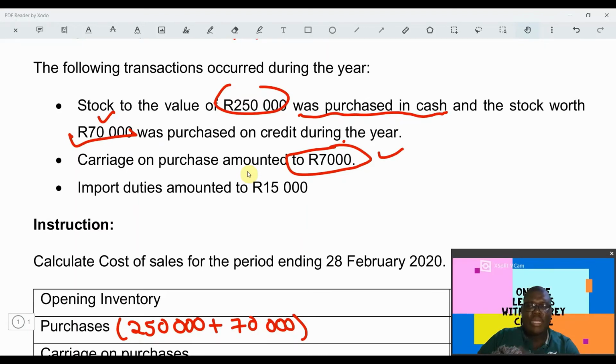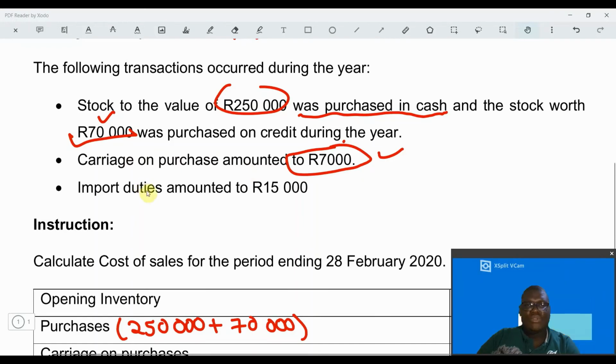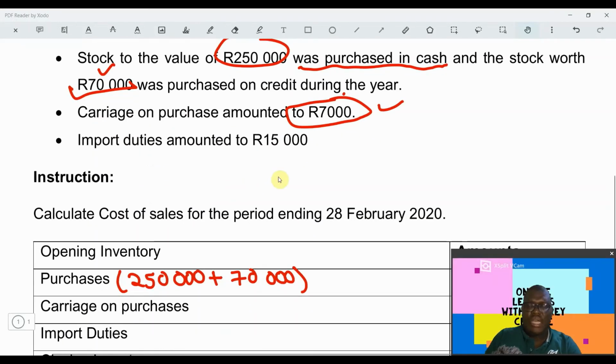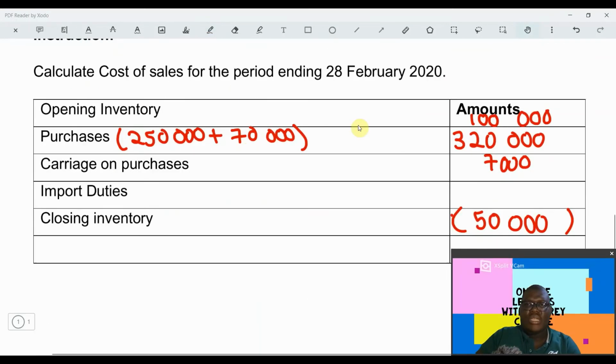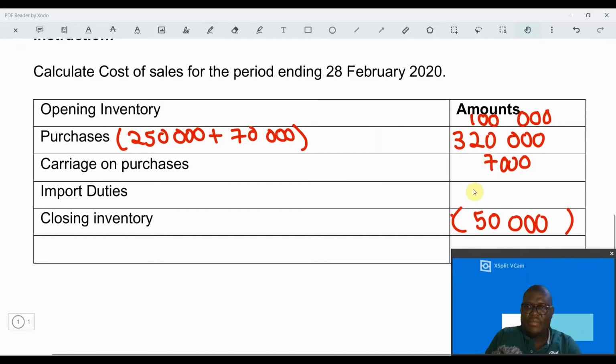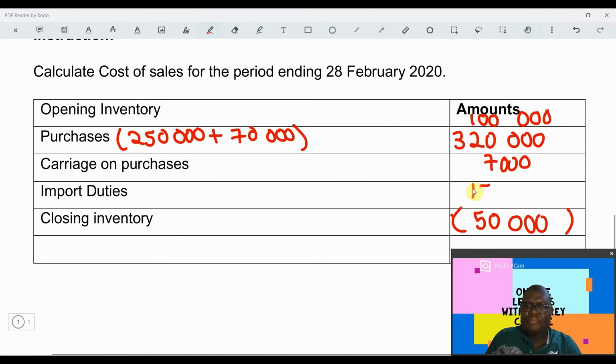So this means you're not buying local. So if you're buying outside the country, you have to pay customs duties, and in this case our customs duties amount to 15,000, which is what we're going to also add. This 15,000 is also increasing our cost of sales. Okay, so we're going to also add 15,000 here.